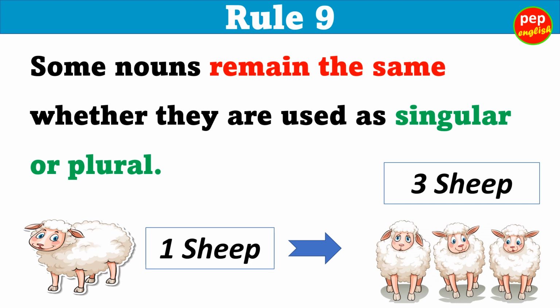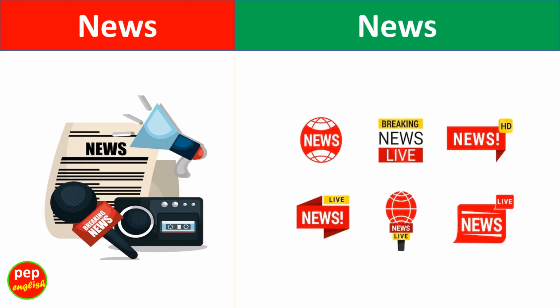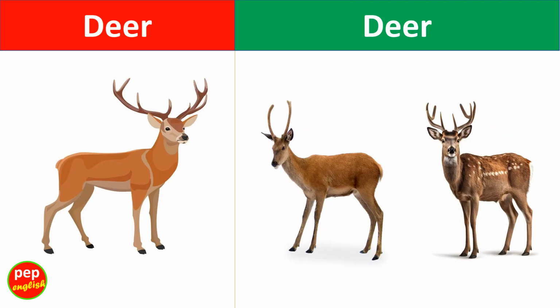Some nouns remain the same whether they are used as singular or plural. 1 sheep. 3 sheep. News. News. Deer.